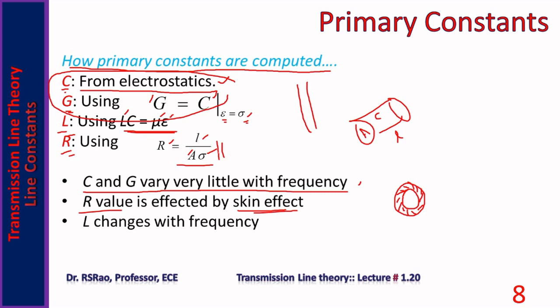Once the area is decreasing, resistance increases. So with increase in frequency, current moves more and more towards the periphery, resulting in reduction in area, resulting in increase in resistance. So that is the connection between skin effect and variation of the R value. L also changes with frequency.